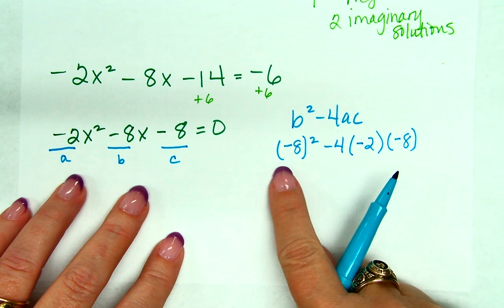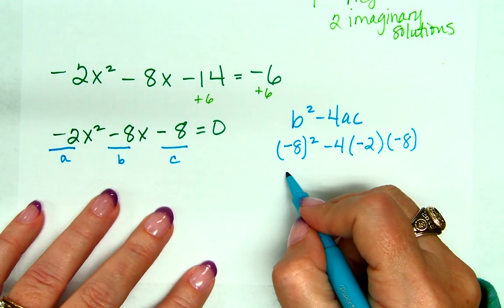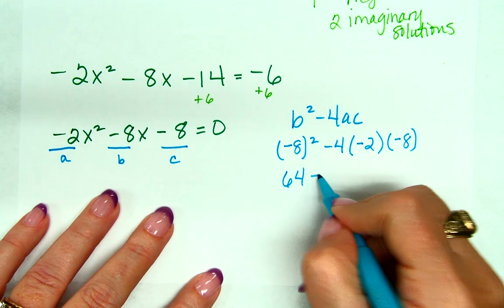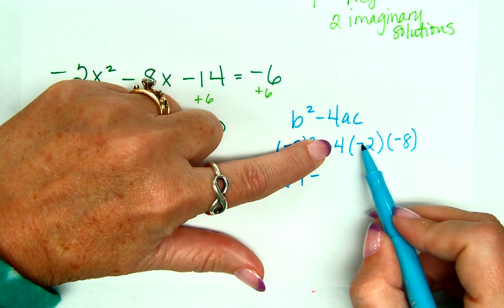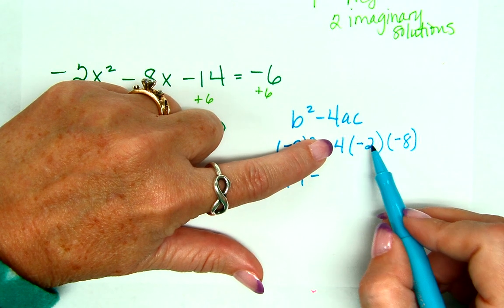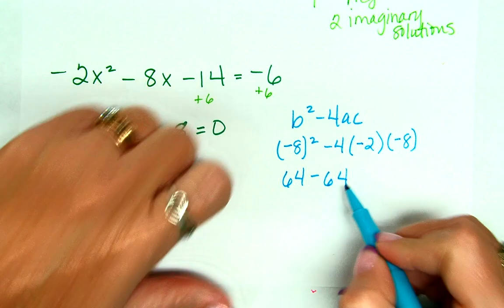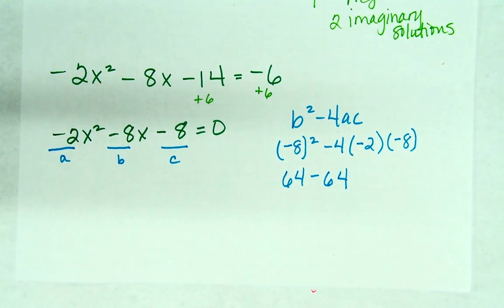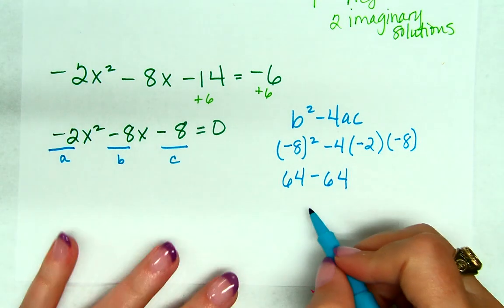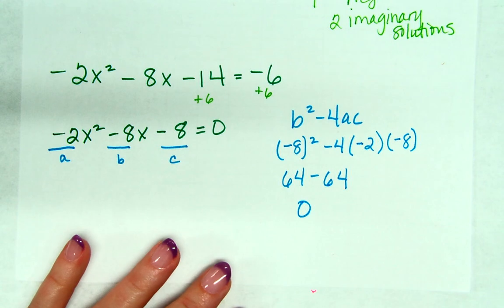Okay, so what is negative 8 squared? 64. 64 minus, what is 4 times negative 2? Negative 8 times negative 8? So what is 64 minus 64? 0. So what do you know?